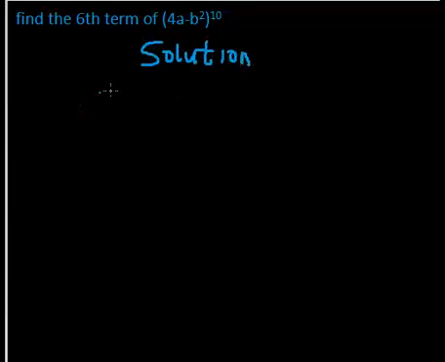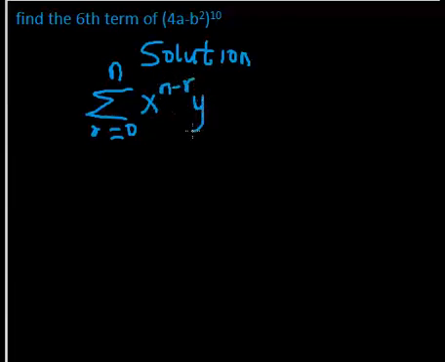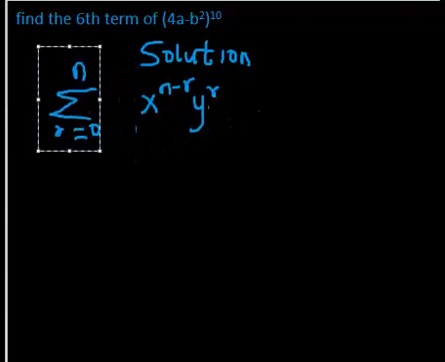Remember the formula: the summation of n choose r, with upper limit n and lower limit r starting from 0, x raised to the power of n minus r, then y raised to the power of r. I've not added the combination, please pardon me.